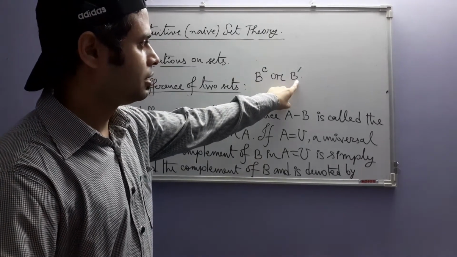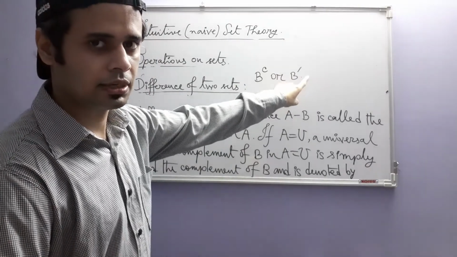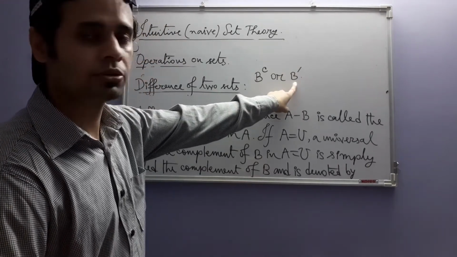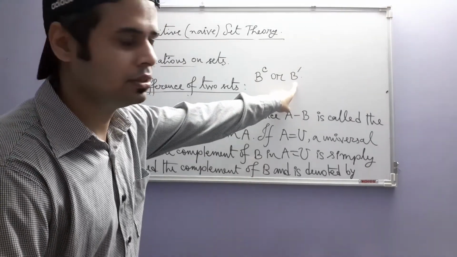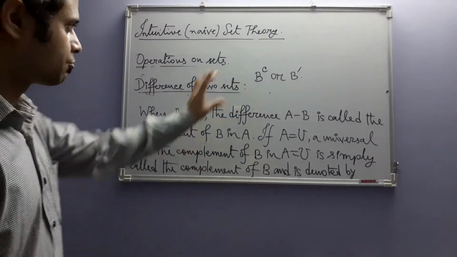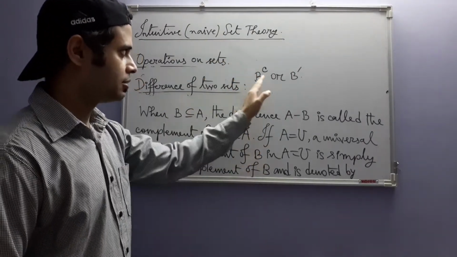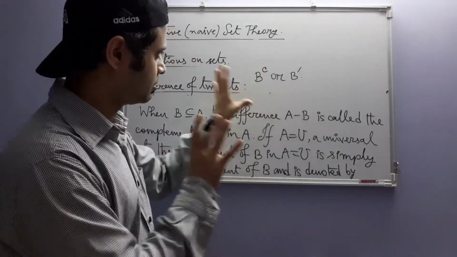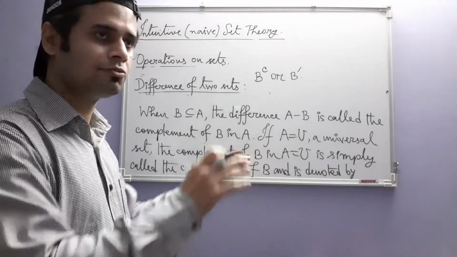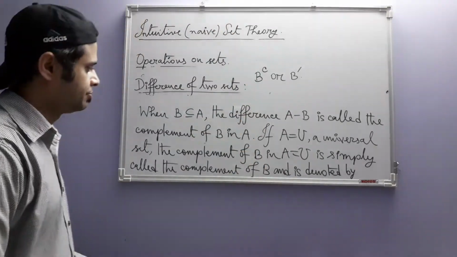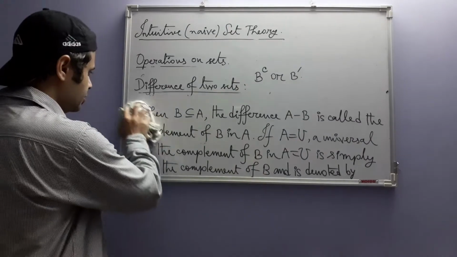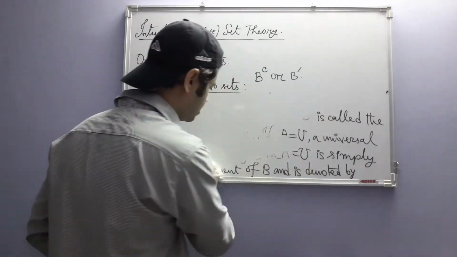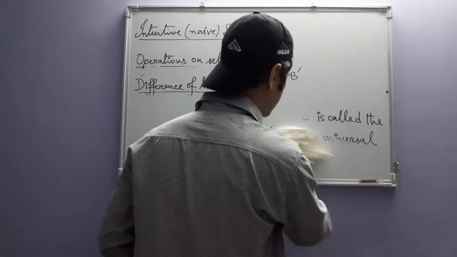And when we study analysis, if this is a set of points, then this can sometimes denote the set of limit points of B. But those things will come. If nothing is said and sets are just sets without any additional structure, then this is how we denote the complement of B in a universal set. Now, having said this, let us go to the properties that difference and complements have.